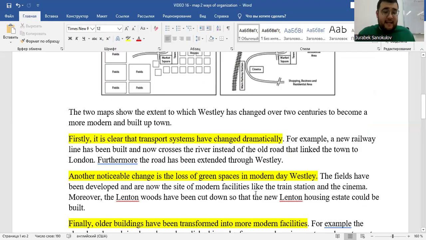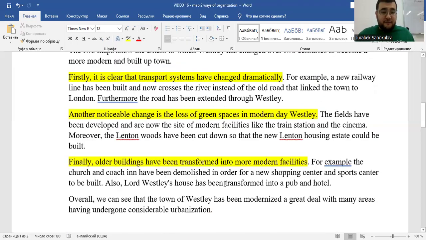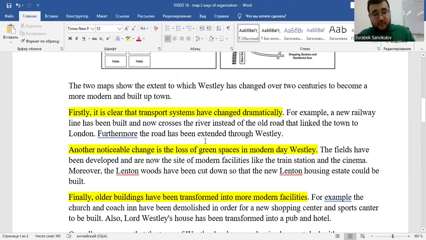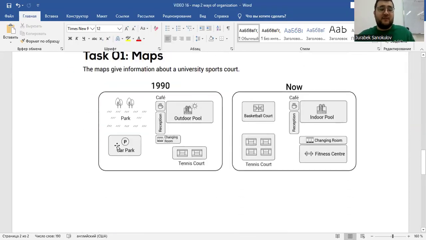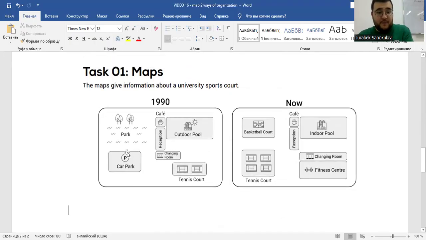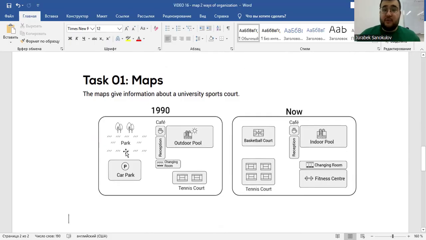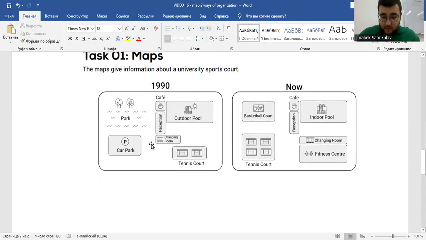And I can say that the first approach is mixing the changes, yeah? And the second approach would be to describe the separate maps in separate body paragraphs. And it's also going to be a very good approach because if you guys remember, I made a post about this.